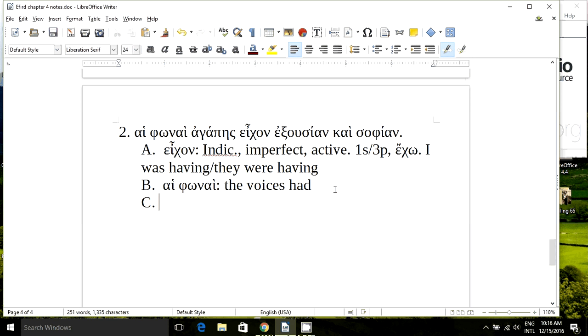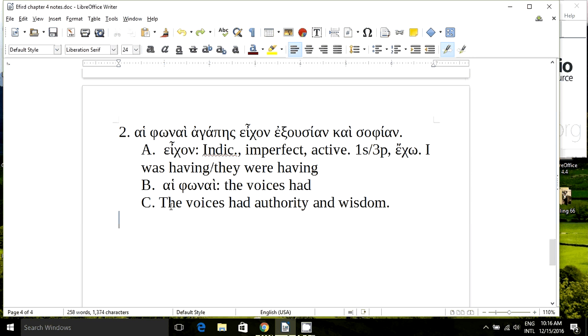Okay, C, do I have an accusative to serve as the direct object? I do. I have two of them. On-ending, both accusative, singular. And so now I add it. The voices had, what did they have? What's the direct object? The voices had authority and wisdom. Exousian kai sophian.